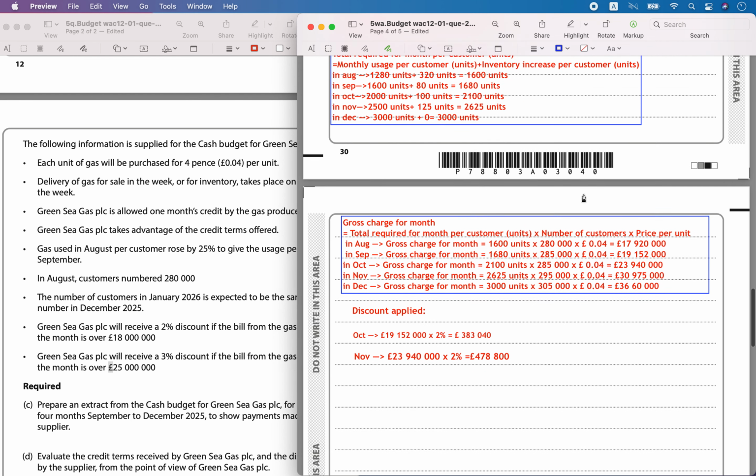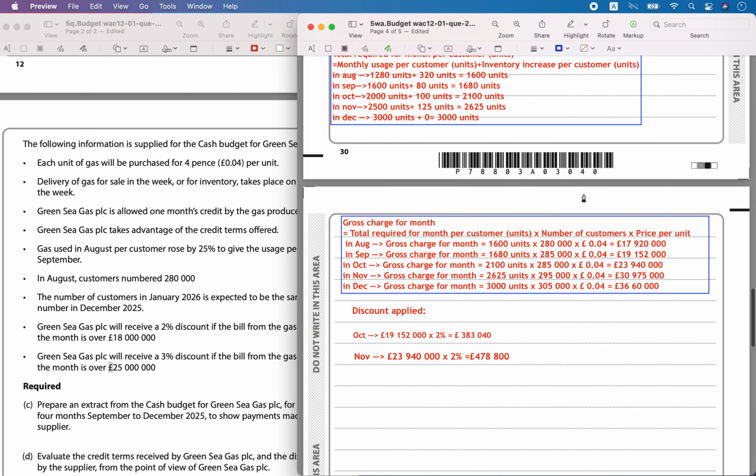So 478,800 pounds is the discount amount that they get in the month of November.